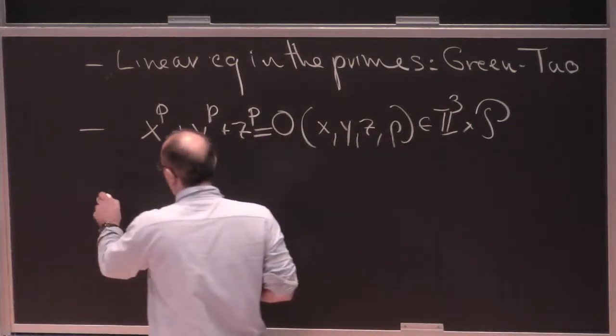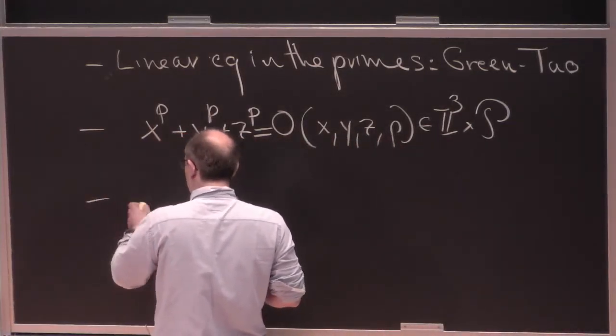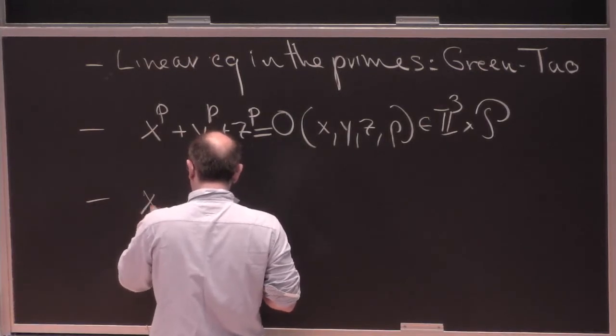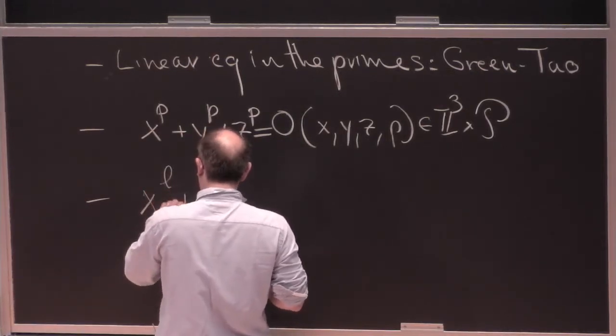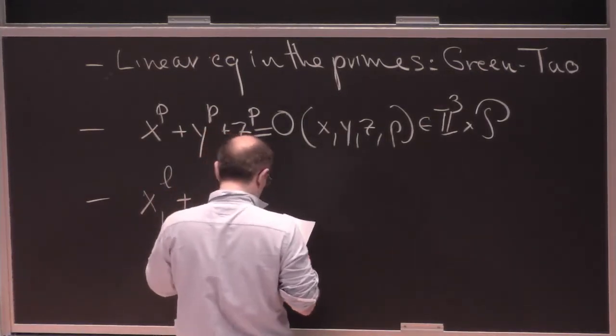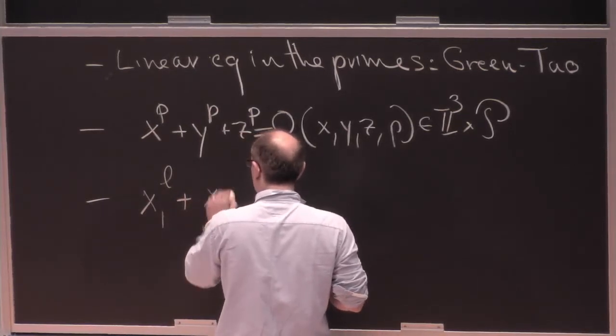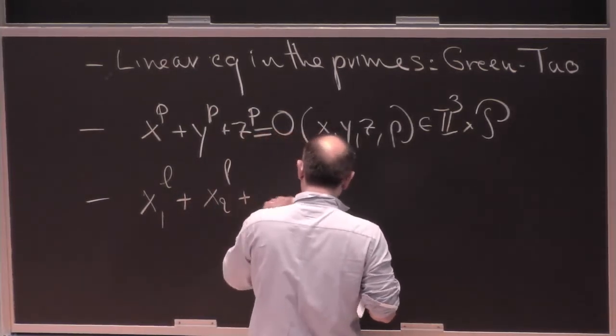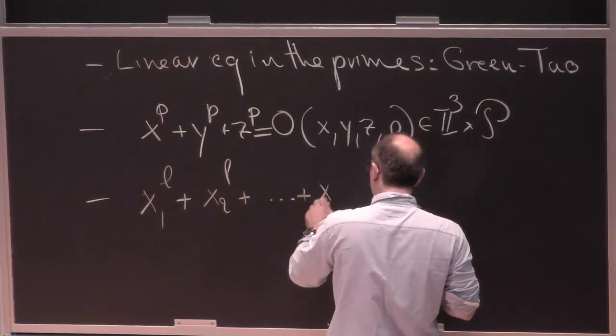Another kind of equation is an equation of this shape, in integers, a diagonal equation.